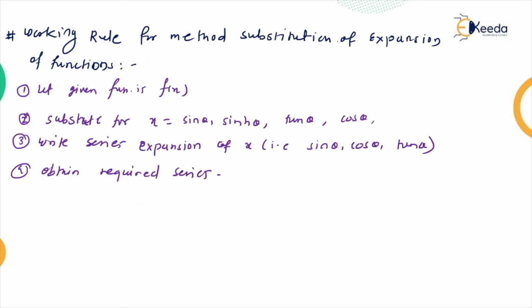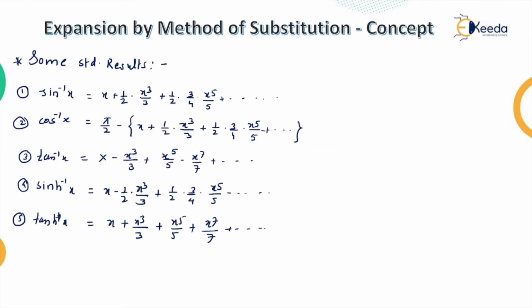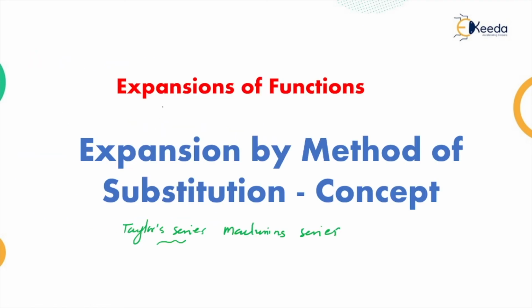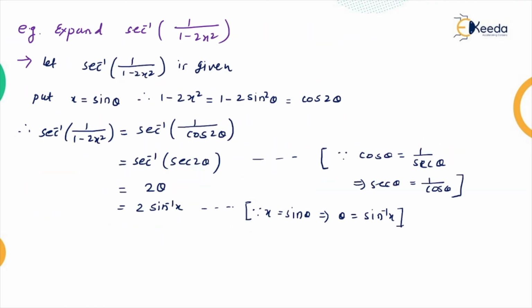So let's see, guys, I'm writing sine inverse x series in this way: x plus 1 by 2 x cube upon 3. So your answer becomes 2 into sine inverse x. Therefore this is equal to sec inverse of 1 upon 1 minus 2x square, that is nothing but 2 in bracket, what is sine inverse x?